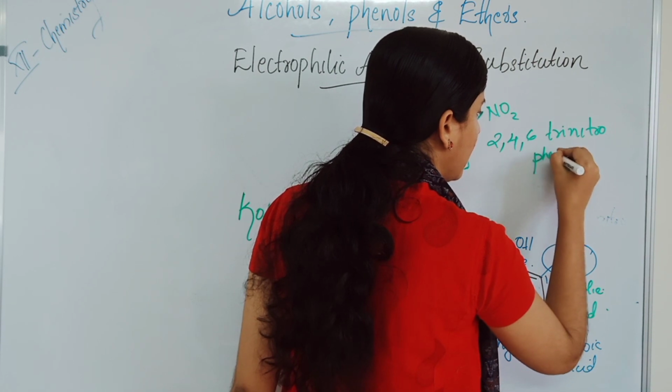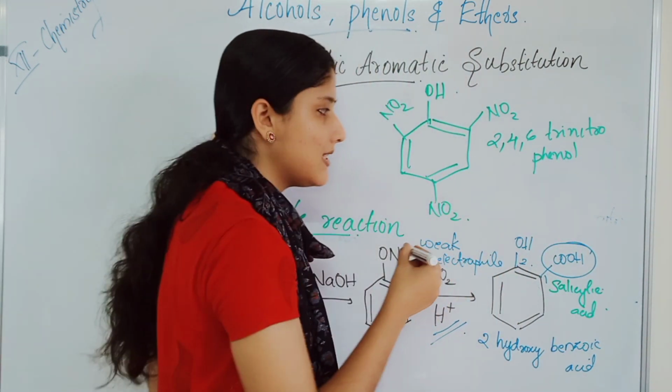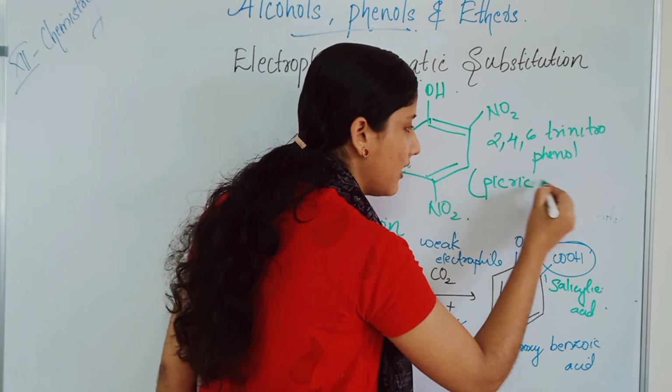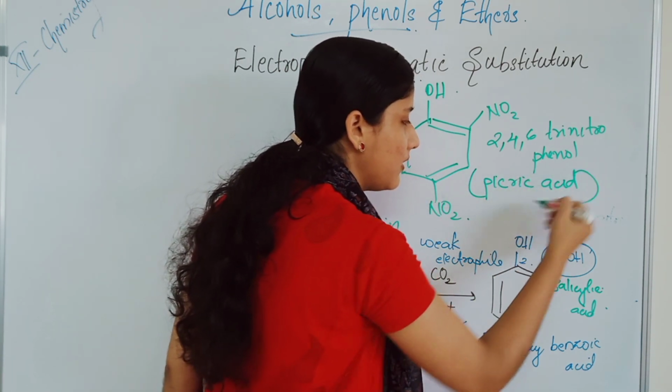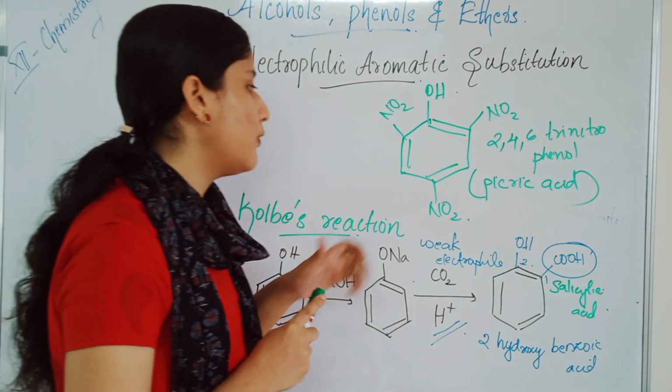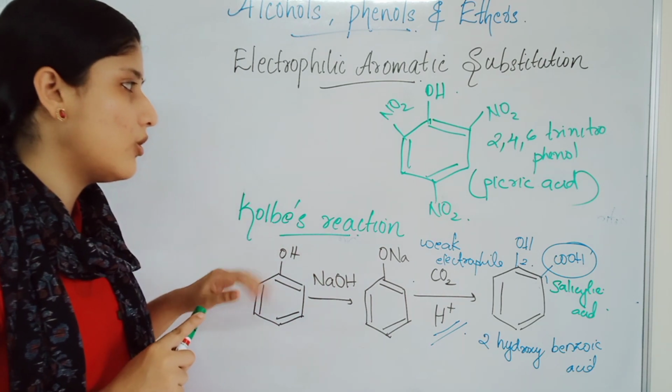Trinitrophenol, okay. Trinitrophenol is also called picric acid. I forgot to mention picric acid. When concentrated nitric acid is added to phenol, you will get what? 2,4,6-trinitrophenol, and it is also known as picric acid.